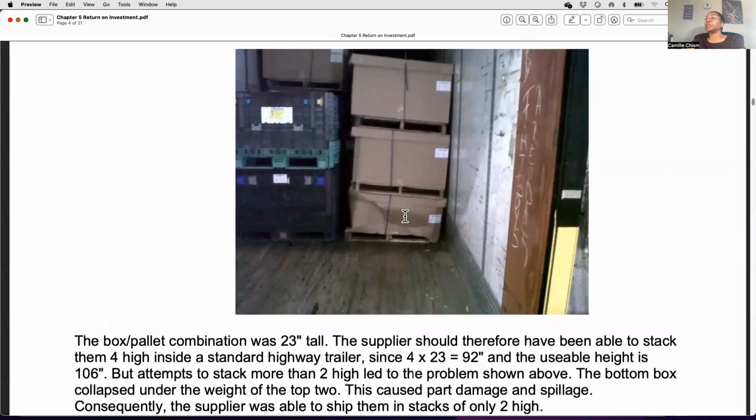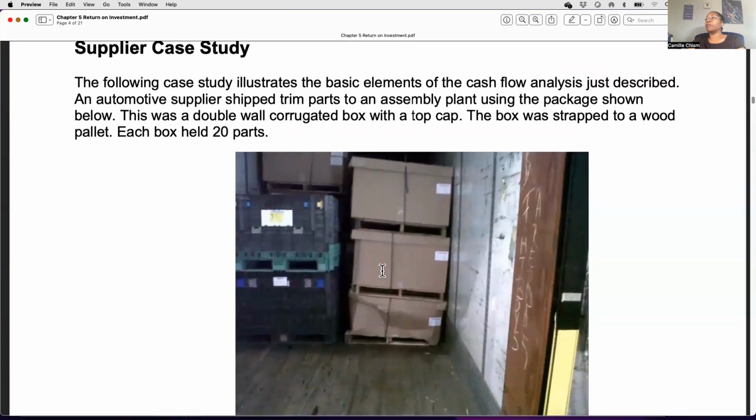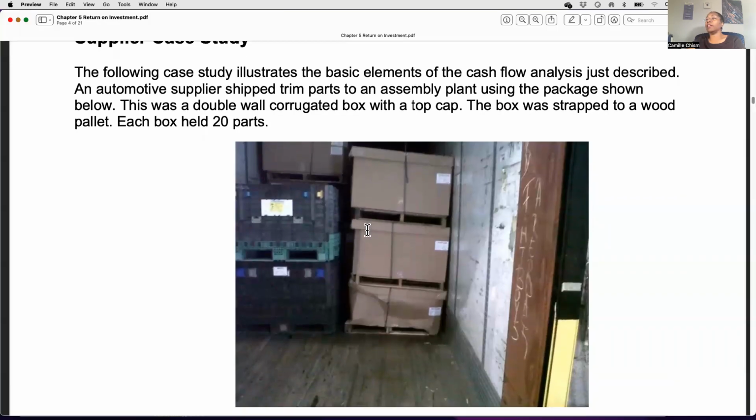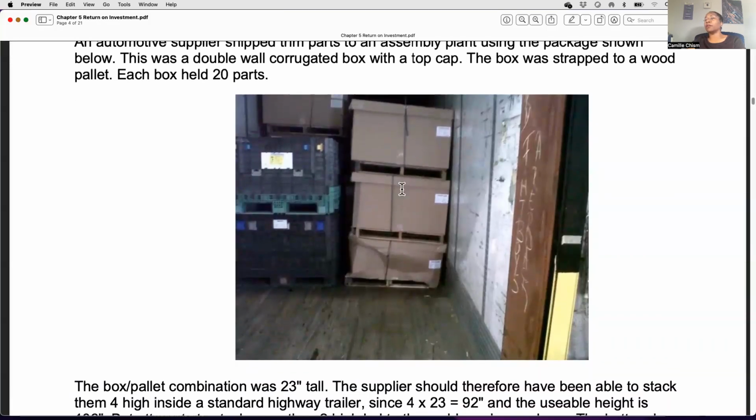So what happens is the supplier, to resolve that, versus beefing up the box, because they probably just couldn't, because this was a double wall box. So it was pretty beefy already. So that would tell me these trim parts are fairly substantially heavy. So their option could be to beef up the box, but they opted not to do that. They opted to just ship it too high.